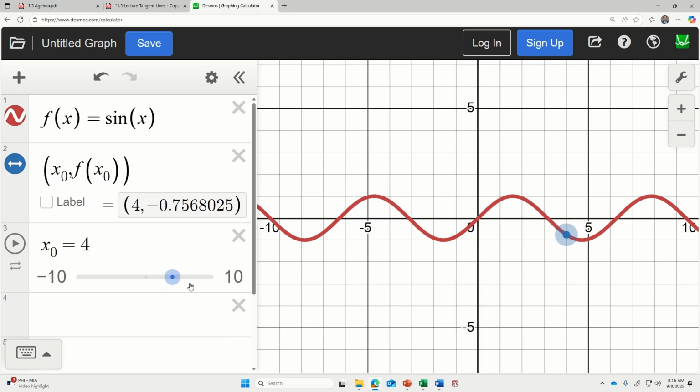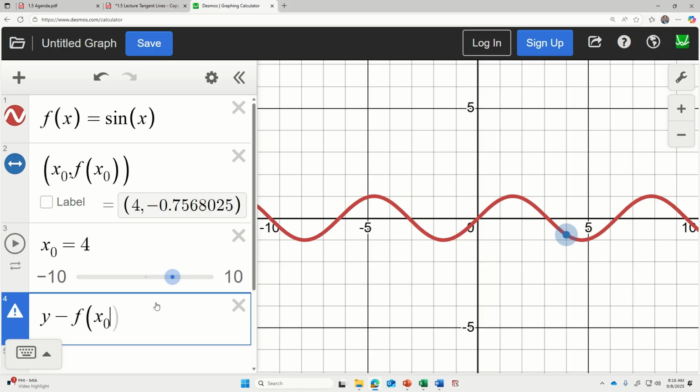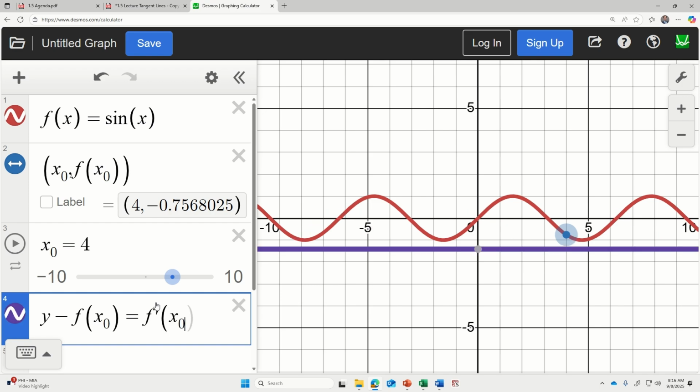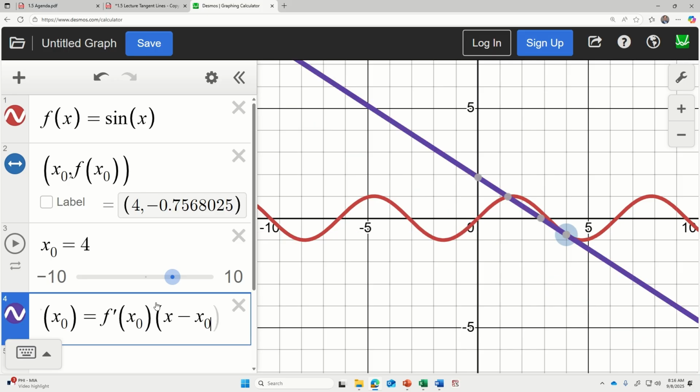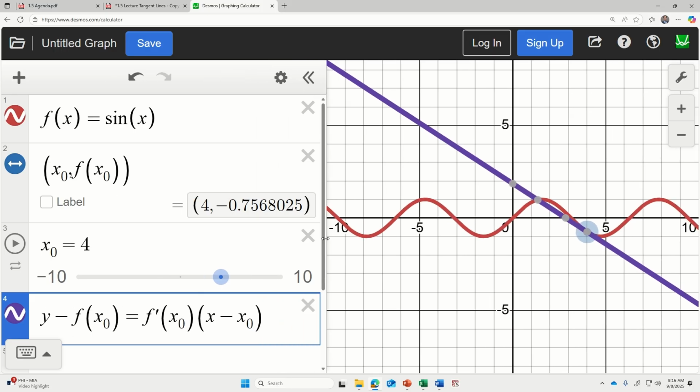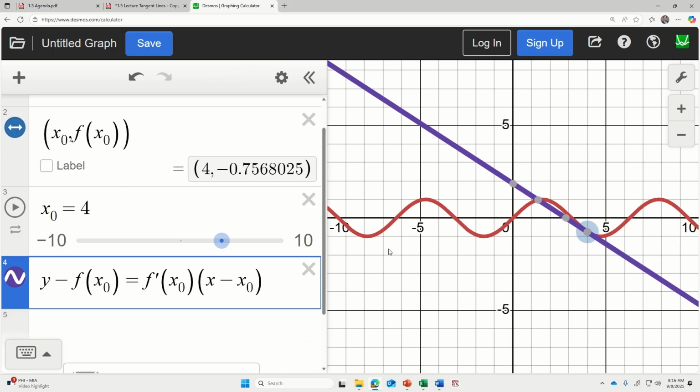So what I'm going to do next is use the point slope formula for a line here. Whenever I type y minus f of x0 equals f prime of x0 times x minus x0. And does everybody see why this is the point slope formula for a line?